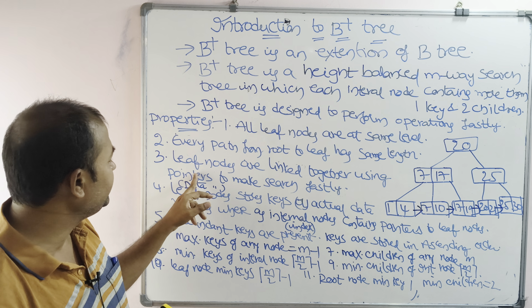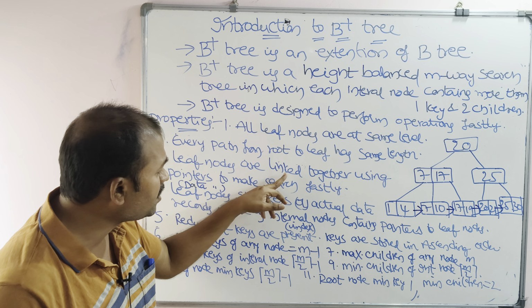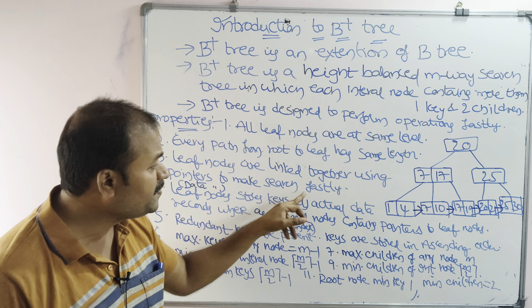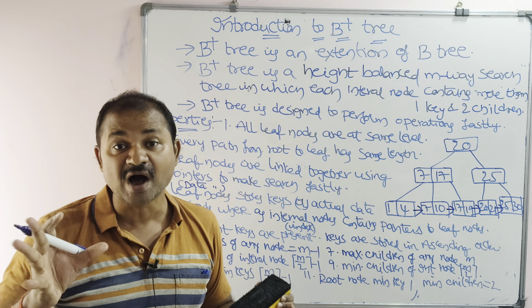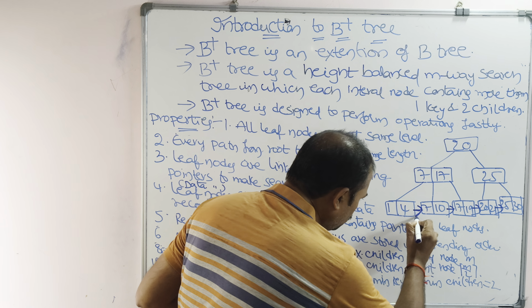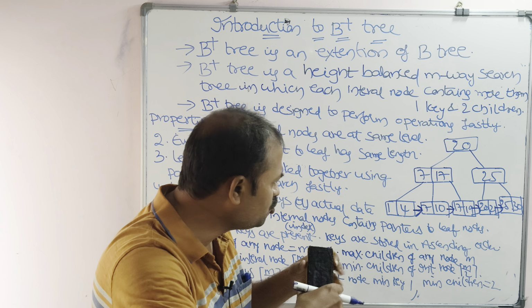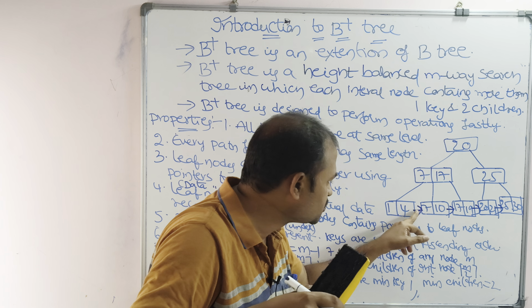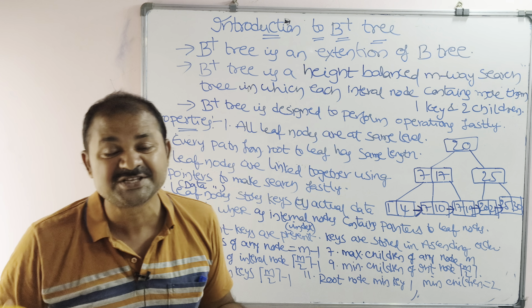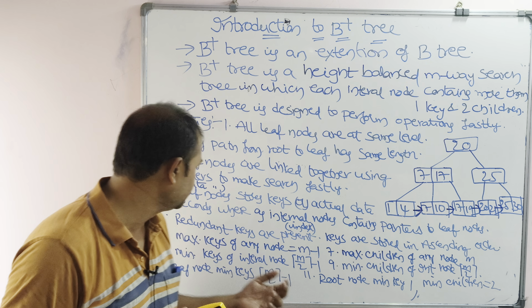Next, third property, leaf nodes are linked together using pointers to make the search operation fast. Here in B+Tree, we have to interconnect the leaf nodes using pointers so that we can perform search operations very fast.